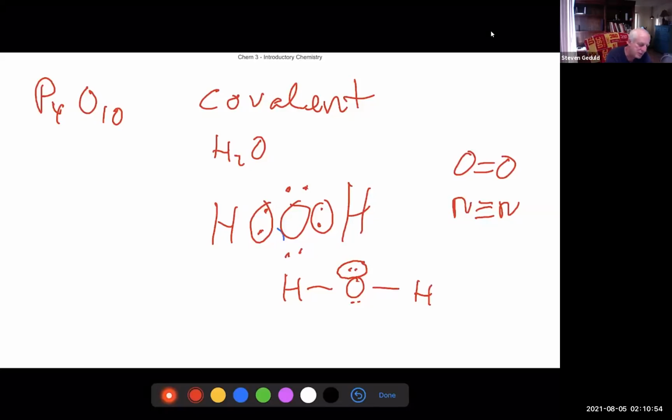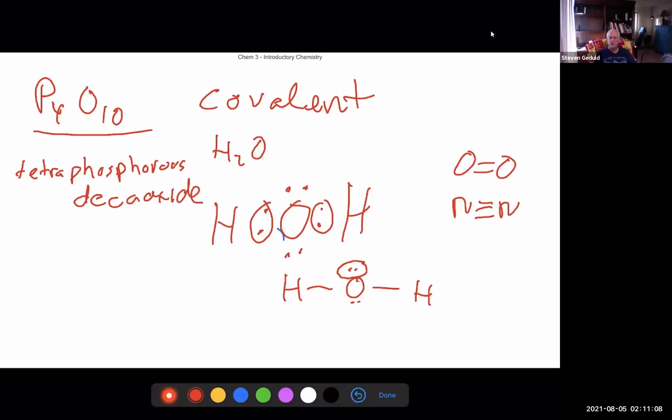So this would be tetraphosphorus decaoxide. You name the subscripts and follow the chart.